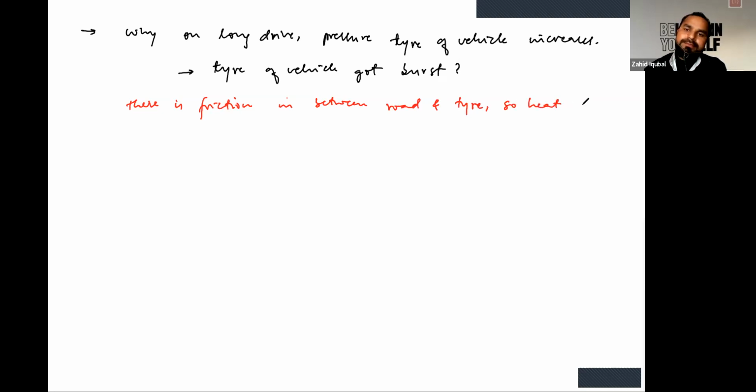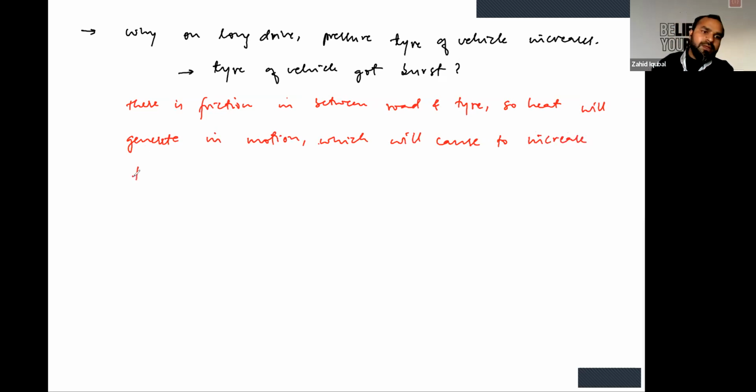So heat will generate in motion, which will cause an increase in the temperature of the gas.